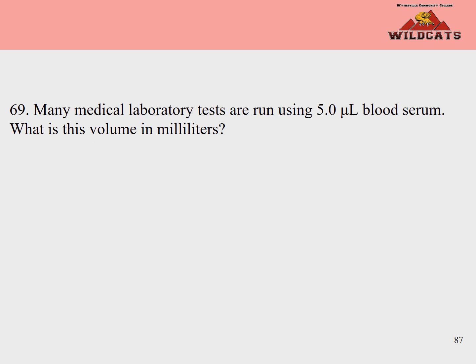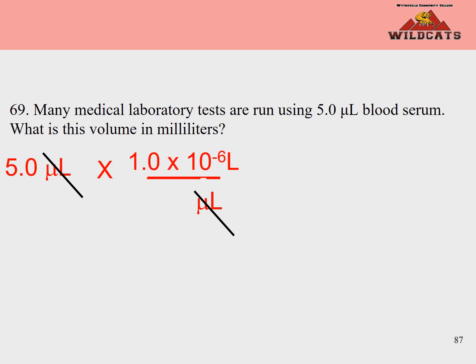Number 69, medical laboratory tests are run on 5 microliters. So we want to know milliliters. So again, you go to page 14. Get rid of the microliters. And there are 10 to the minus 6 liters in a microliter, or there's a million microliters in a liter.